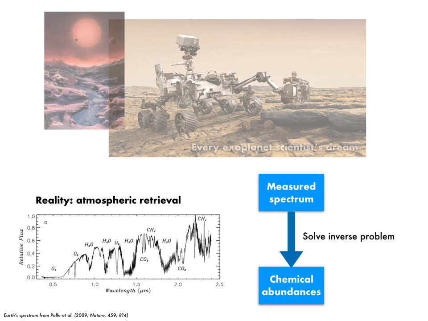And in order to make these kind of claims, you would have to go from the measured spectrum to chemical species and abundances, which means you have to solve the inverse problem. And this inverse problem in exoplanet science is called atmospheric retrieval. And I'll spend a large part of the talk talking about the challenges of atmospheric retrieval.